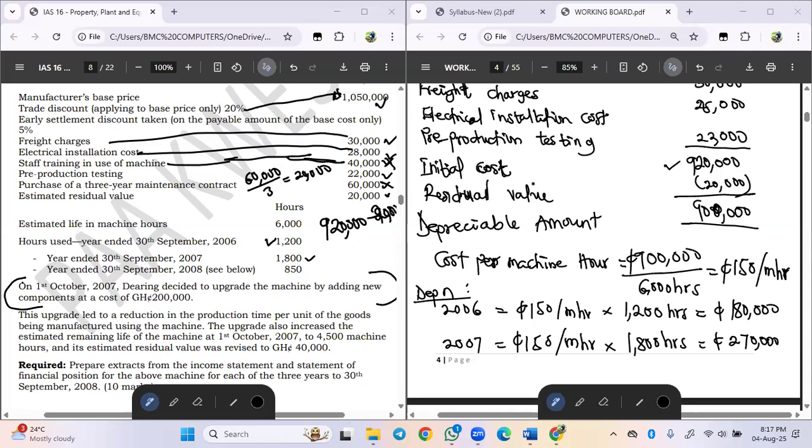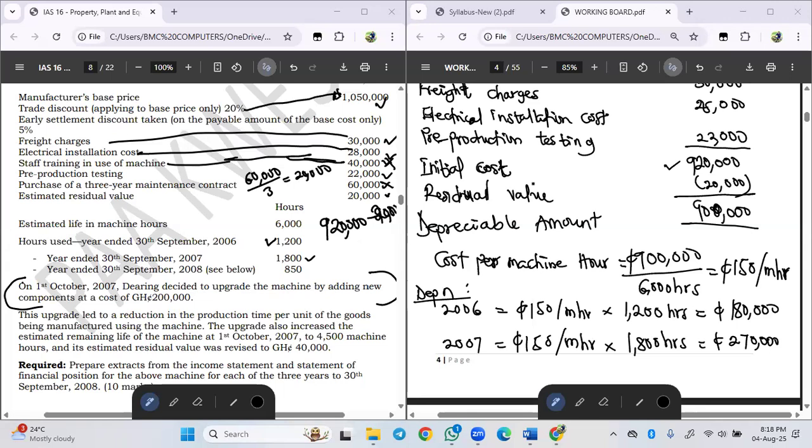Just one thing. This one, there's no proration. You are confused because the year was not ending on December. Now, let me show you one thing. If the year ends on, let's say, June, the next period will start from what? July.